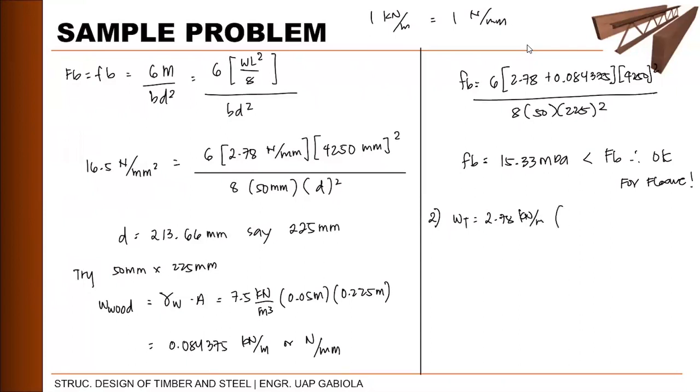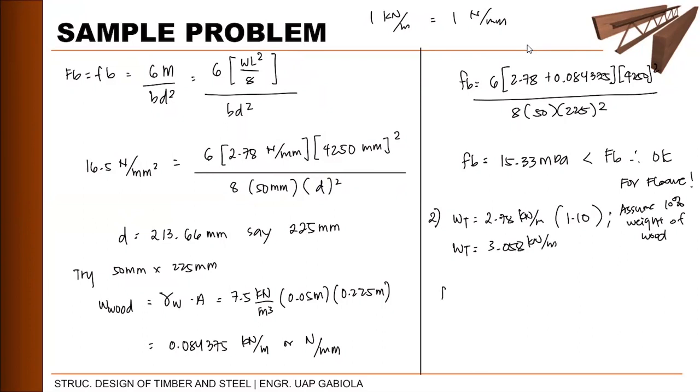Multiply natin ng 1.1. Okay? So, nag-assume tayo, assume 10% weight of wood. Okay? So, 2.78 times 1.1, that is equals to 3.058 kilonewton per meter.